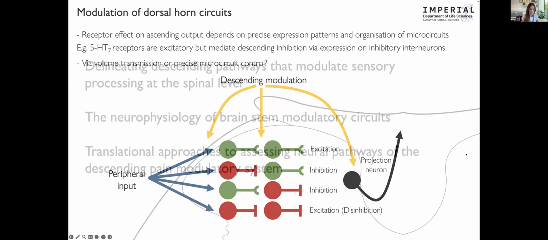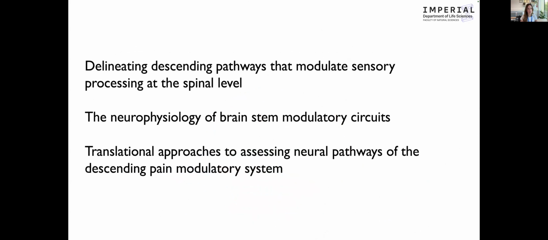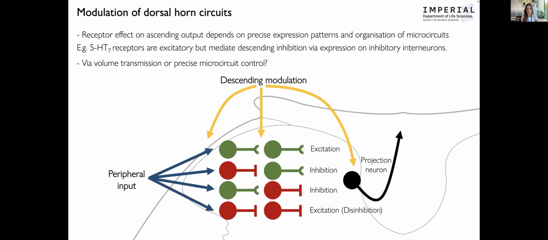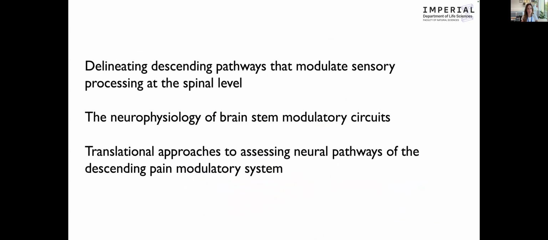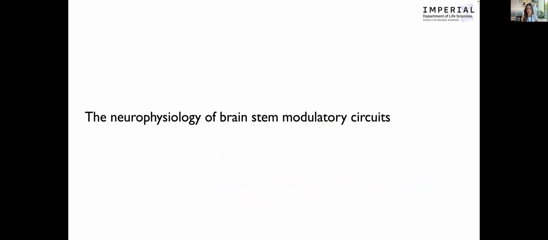Okay, so the modulation of dorsal horn neuronal activity is receptor mediated, and that receptor effect will depend on precise expression patterns and organization of microcircuits that might impact primary afferent terminals, interneurons, projection neurons, etc. So quite how that happens depends on the neurophysiology of the circuit in question.